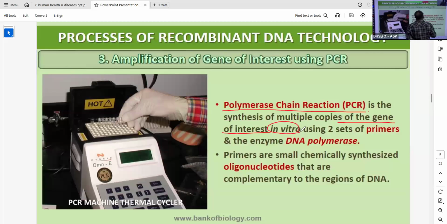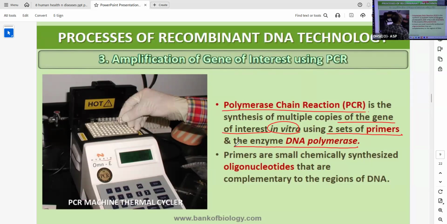In vitro means within a tube, using two sets of primers and the enzyme DNA polymerase. Two sets of primers and the enzyme DNA polymerase. Understood? So using primers and DNA polymerase we carry out the polymerase chain reaction.